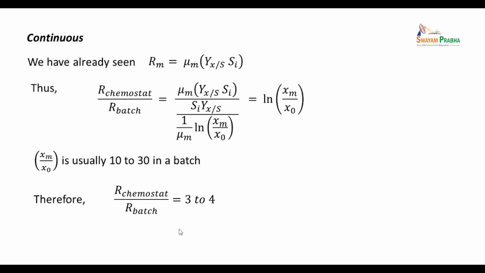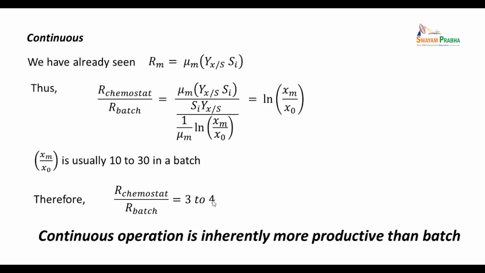And what does this say? Inherently, the chemostat is 3 to 4 times more productive than a batch reactor, right? This is by the very nature of it, and it is also a very profound kind of insight that we get from this analysis. The chemostat is 3 to 4 times more productive than a batch, generally speaking.